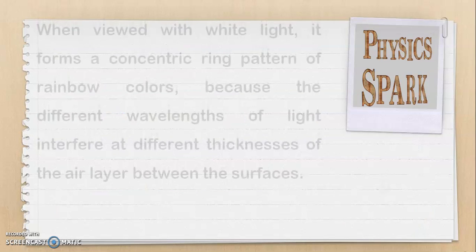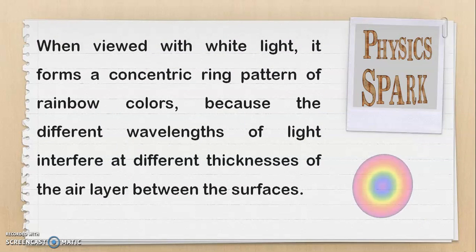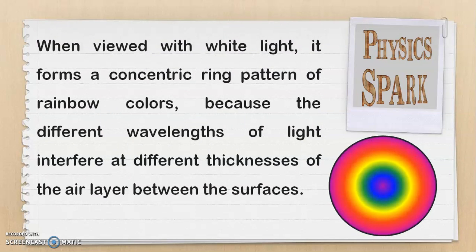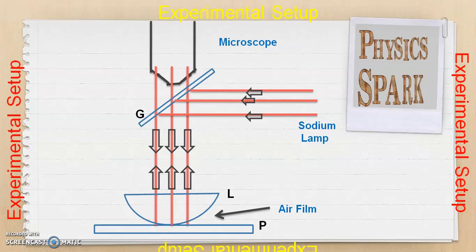But when we see with white light, then it forms a concentric ring pattern of rainbow colors. Why? Because white light consists of 7 different colors and each color has a different wavelength. So according to wavelength, the interference pattern changes, and due to this change in the interference pattern, which depends on the wavelength of the light, we get concentric rings of rainbow colors.